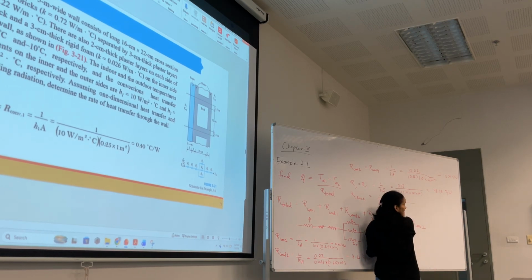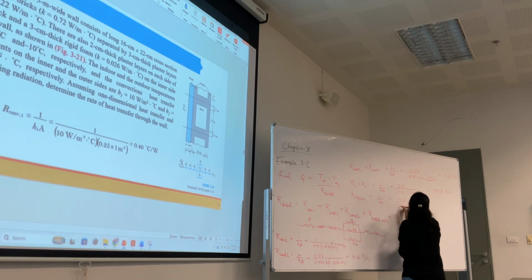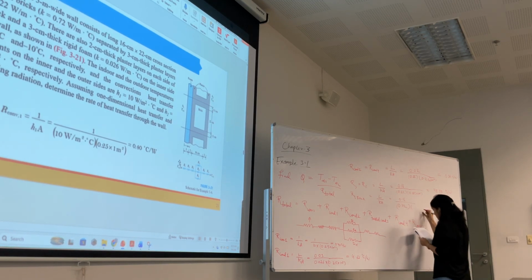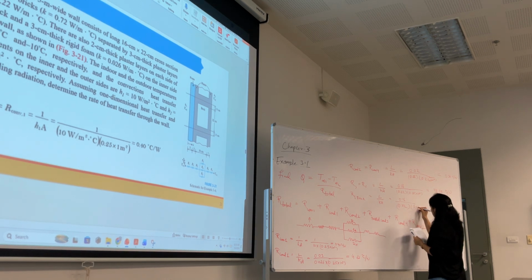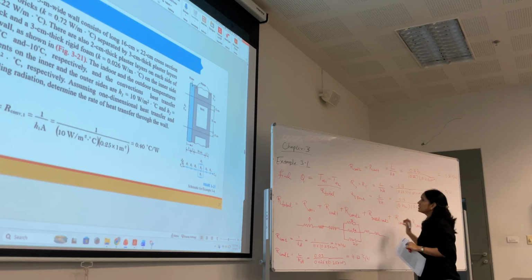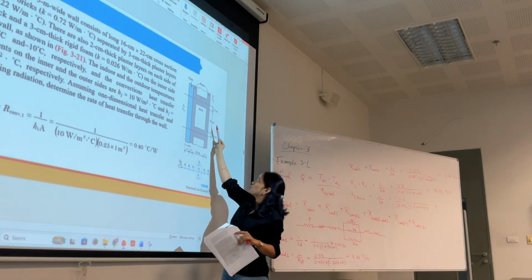So the value of conductivity is different. Thermal conductivity here and here. Also the area is different. The brick is 22.